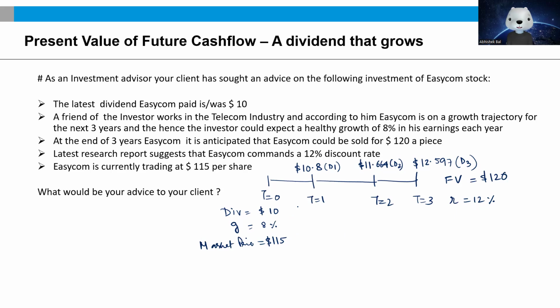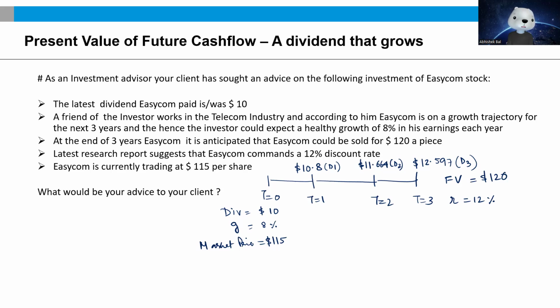Now, understand again, the basic terminology remains the same. No investor in sane mind should buy a security that is overpriced, because obviously it's going to get him or her a negative yield.